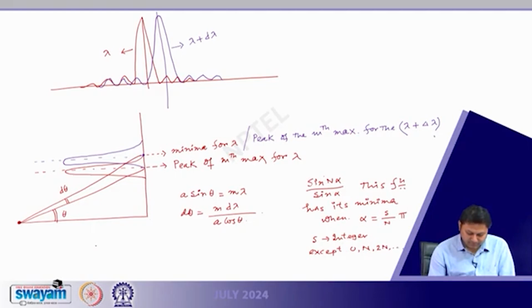So, when S is equal to 1, then alpha I can write as pi by N. N is a number of, mind it, this is a number of slits.